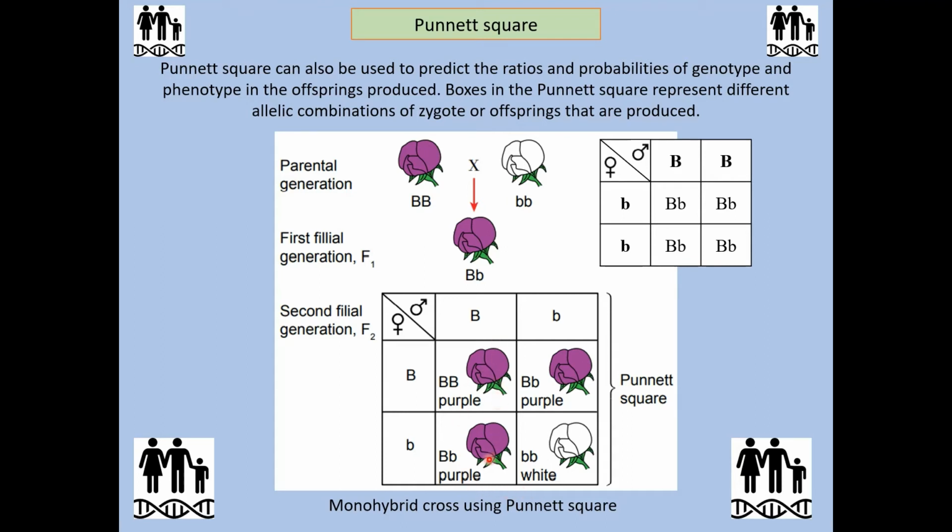This one also the same, heterozygous dominant, big B and small b. And this recessive allele cross with this one also recessive allele. So the product is homozygous recessive. Okay, this is homozygous recessive. So the ratio is 1:2:1. 1 is homozygous dominant, 2 is heterozygous dominant, 1 is homozygous recessive.